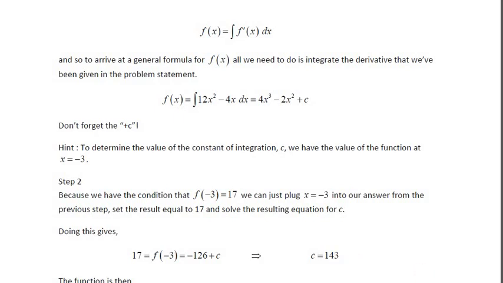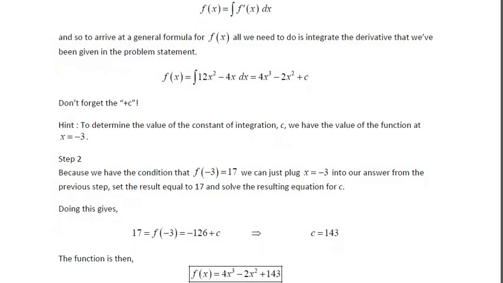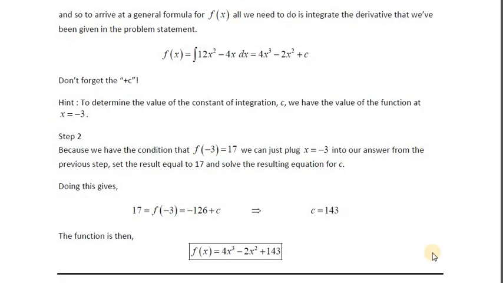So c is equal to 143, that is the integration constant, specifically we found out that it is 143. In the result of integration, which in this case was 4x cube minus 2x square plus c, we just have to replace this c by this value, and then we get the original function: f(x) is equal to 4x cube minus 2x square plus 143.